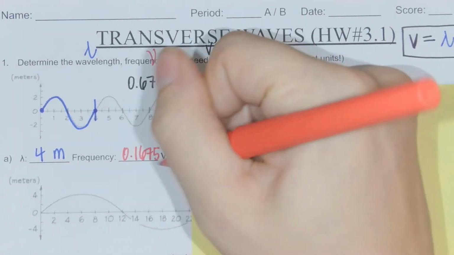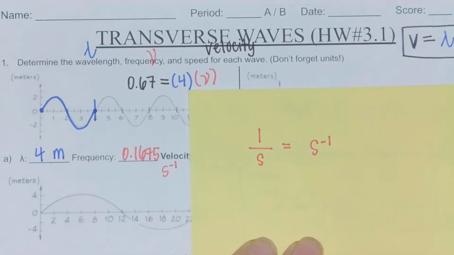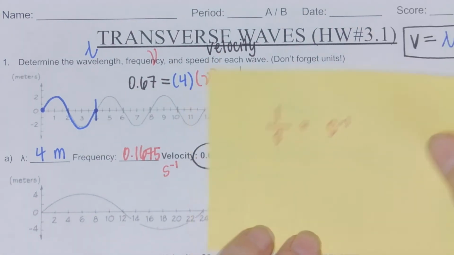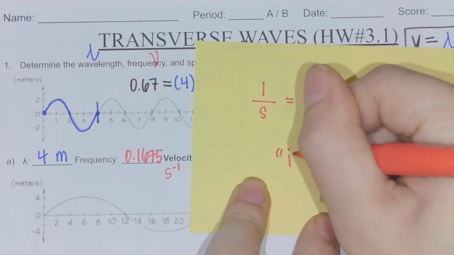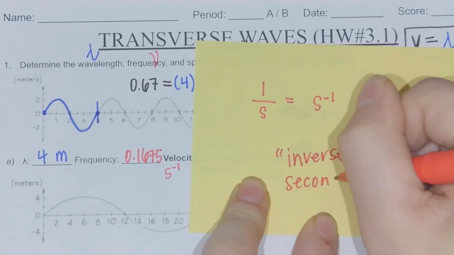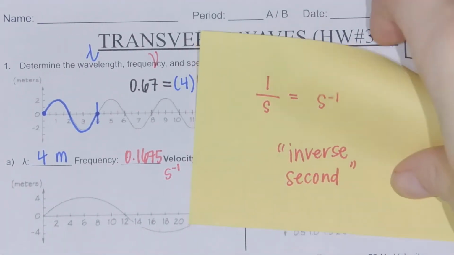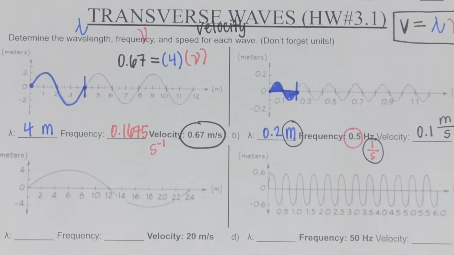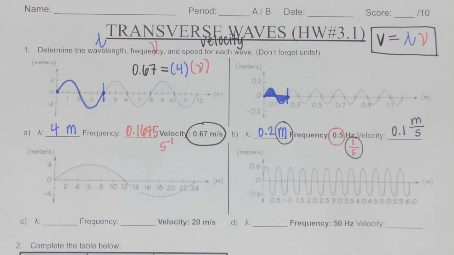So I'm going to do 0.1675 seconds to the -1 power. Inverse seconds, if you will. All right, so there's the top part. Let me zoom out so you can get the full page to catch up.